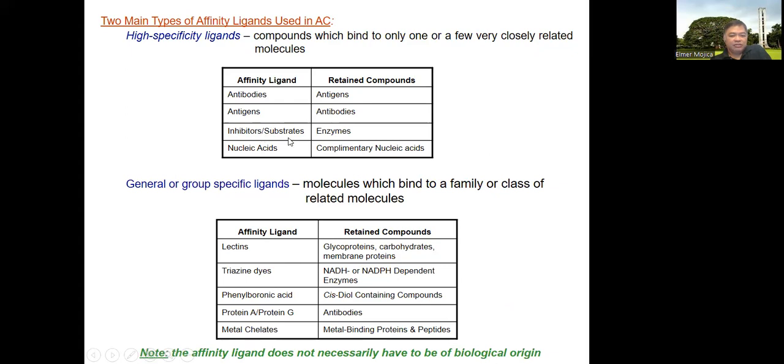You have an inhibitor or substrates with enzymes, and nucleic acid with complementary nucleic acid. So the one that I talked to you about, lectin, is a glycoprotein. So they interact with a certain pet-to-win material. So the lectin binds with that pet-to-win.